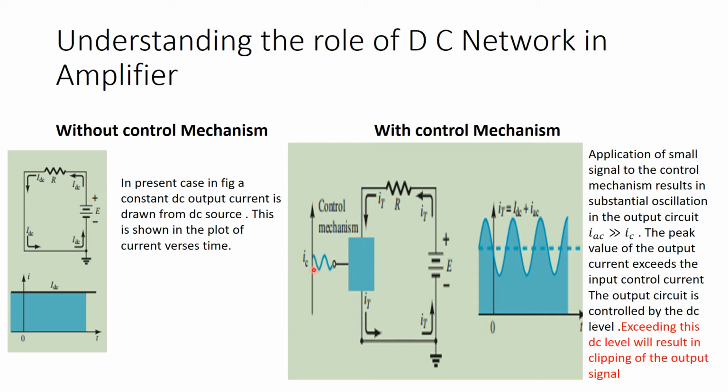A small current, which is an activating current, is used for activation of this particular device, and this leads to oscillations and generates a continuous time signal in the time domain. So you can say that the small current in the control mechanism is going to control your output AC signal.